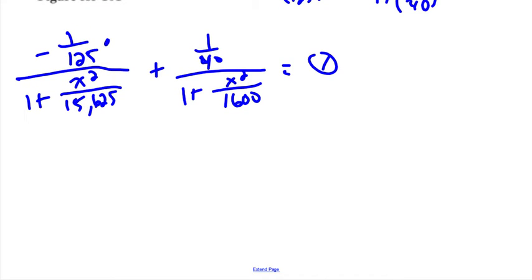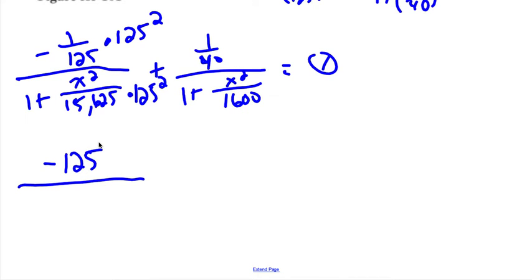So first of all, 15,625 is the same thing as 125 squared. So I'm going to multiply this by 125 squared on the top and bottom. So I haven't changed the value of it. So this gives me negative 125 over 125 squared times 1 is 15,625. I just did it that way so I didn't have to write as much.